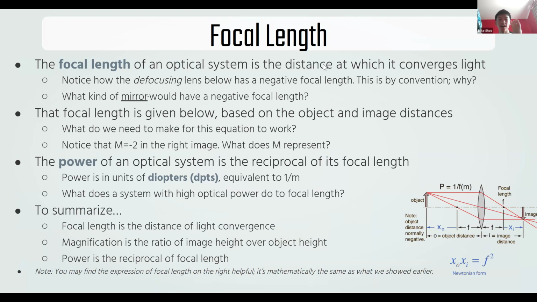Magnification is the image height over object height, which is also equal to the negative of the image distance over object distance. And power is the reciprocal of focal length. Next slide.